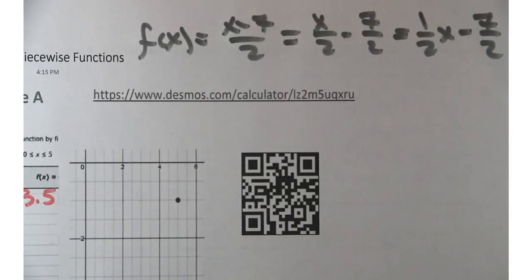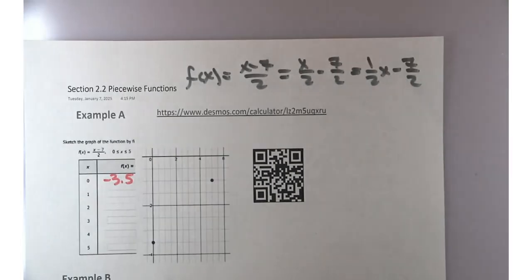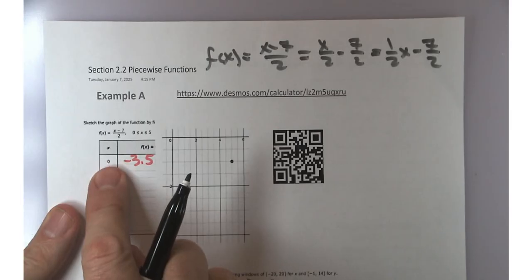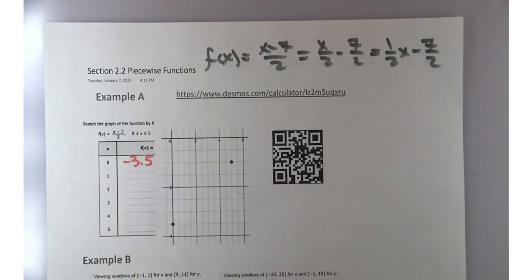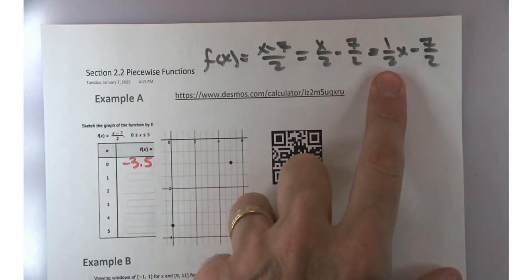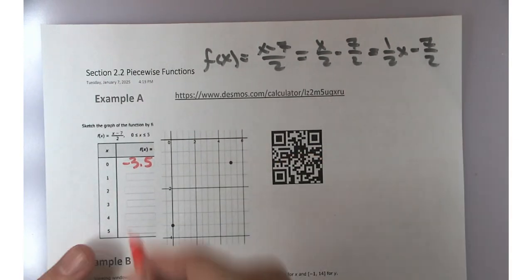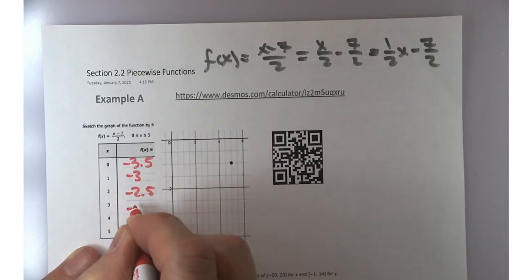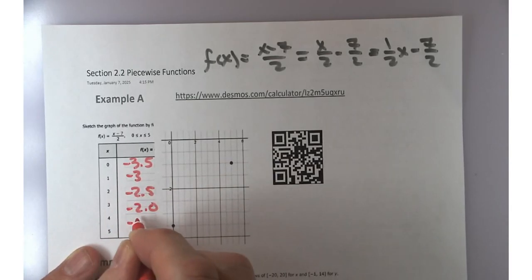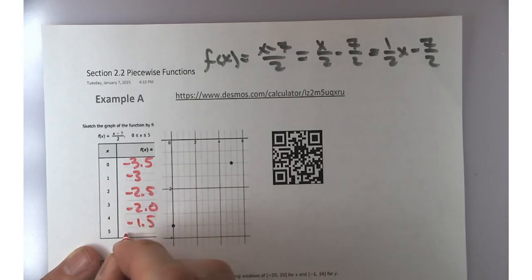You can see that reflected in this value right here. 0 for x gives you negative 7 halves, or negative 3.5. And from there, it's going to increase by 1/2 each time. So negative 3, negative 2.5, negative 2, negative 1.5, and finally negative 1.